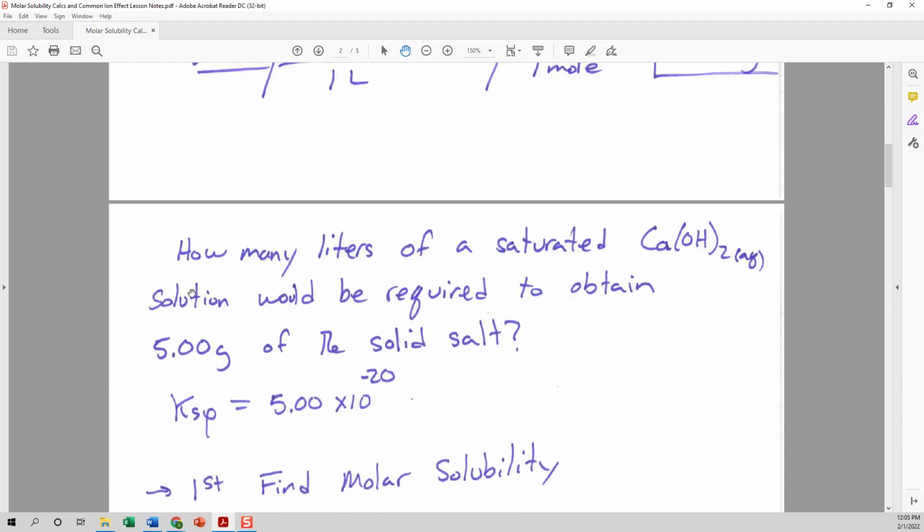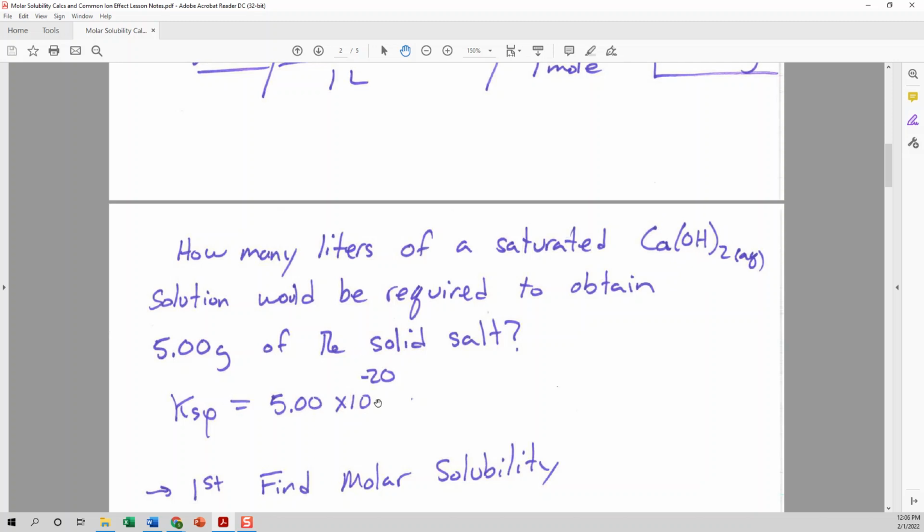This one says, how many liters of a saturated solution of calcium hydroxide would be required to obtain 5 grams of the salt? So we want 5 grams of calcium hydroxide, but our source of it is a saturated solution of calcium hydroxide. We need to know how many liters of solution we're going to need to get 5 grams of the salt.